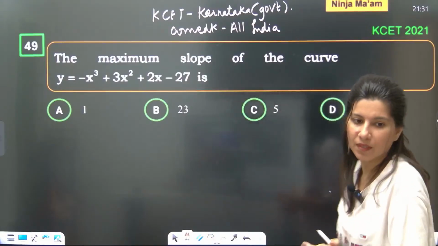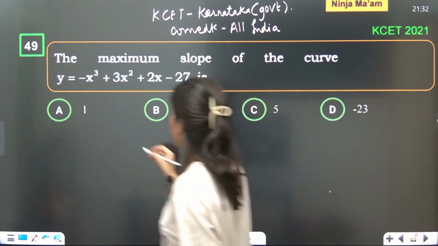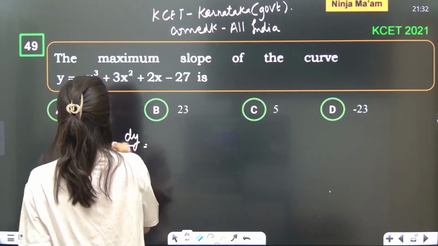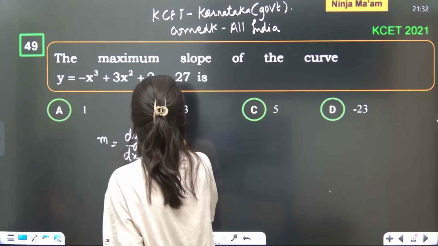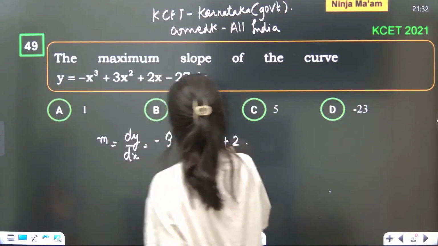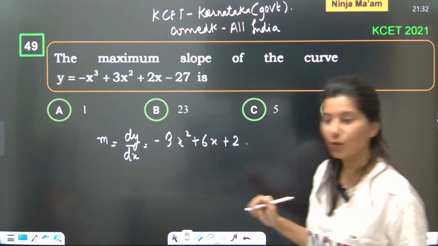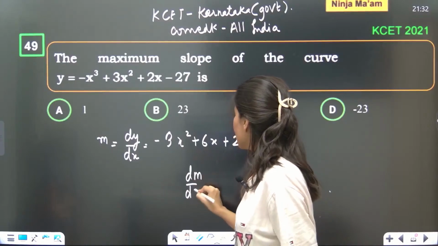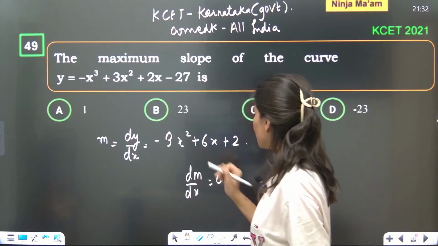Okay, alright. Maximum slope. So dy by dx should be maximum. Let us first calculate dy by dx, which is the slope: minus 3x square plus 6x plus 2. Now this is your slope, and it will be maximum when dm by dx is equal to 0, correct?